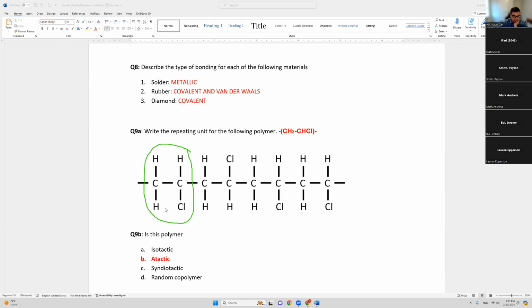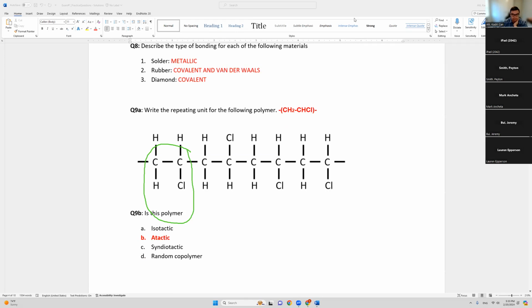There is not a pattern. They don't take place at one site, or they are not alternating. And this is not a random copolymer, so this is atactic. These are just definition questions.